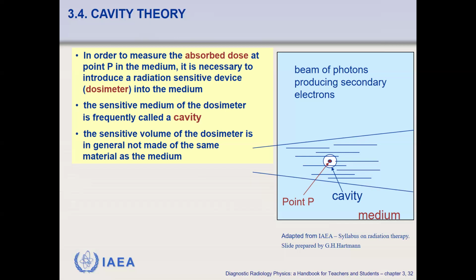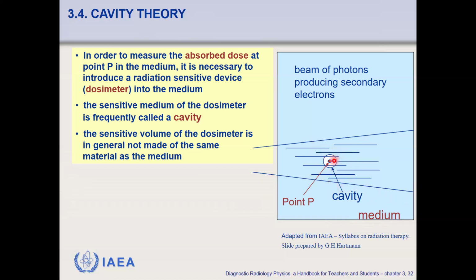Now, the cavity theory, or in general, the sensitive volume of the dosimeter is in general not made of the same material as the medium. Here we have, as you see in the figure, a medium, and here we have the dosimeter. Inside the dosimeter, we have the cavity.